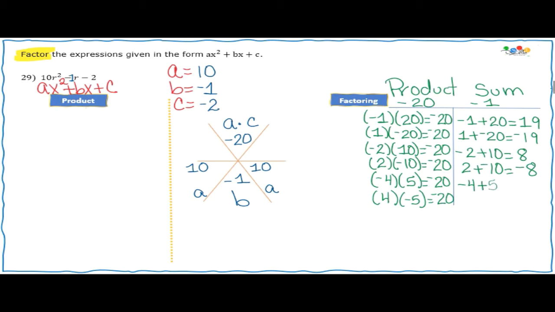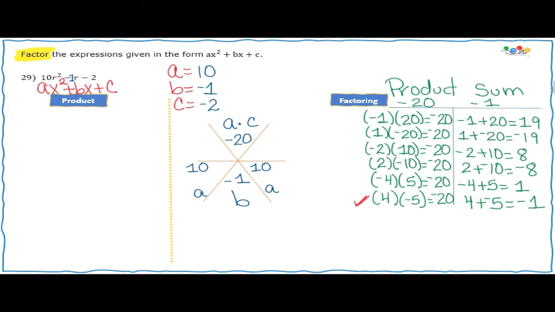Negative 4 plus 5. Yes, I get a positive 1. It's kind of close, right? But I need negative. So let's do the last one. 4 plus negative 5. I get a what? Negative 1. And I'm thinking that you guys are saying what? Bingo!